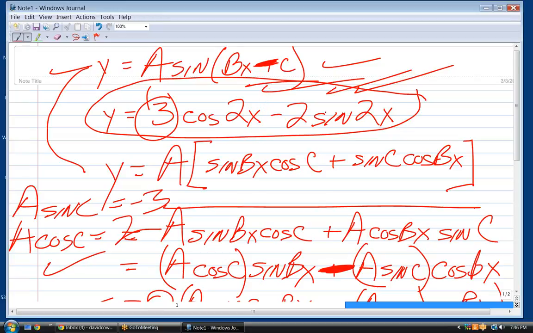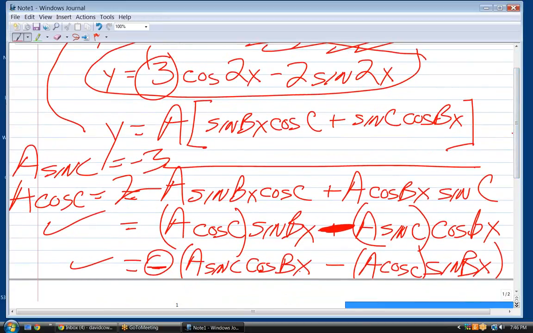And I think the bottom line, you see where A sine C has to be 3. Cosine of bx, b has to be 2. A cosine of C has to be this 2. And b is 2 there.